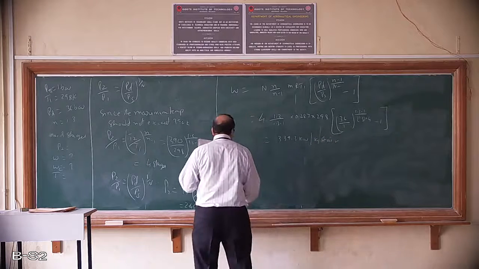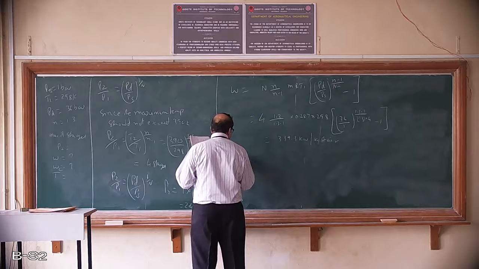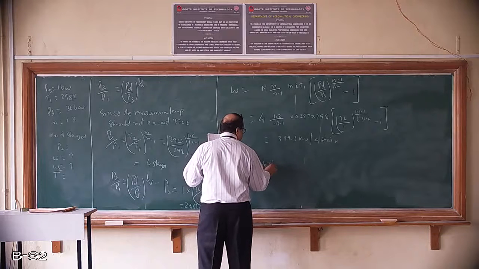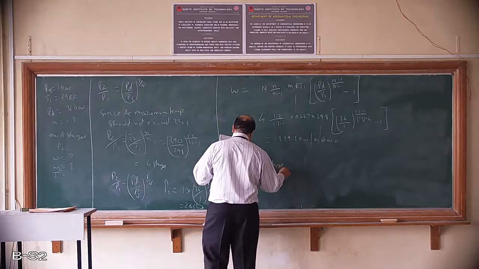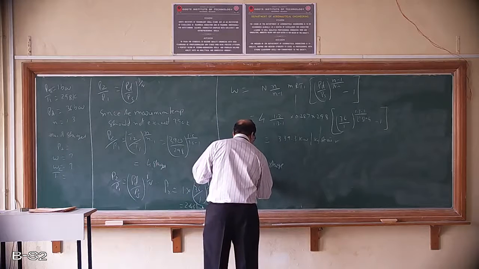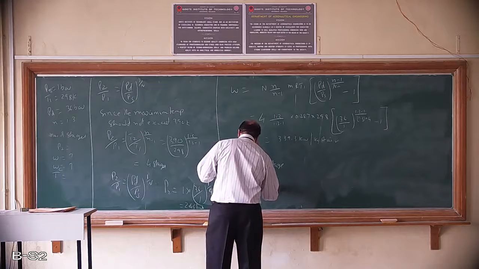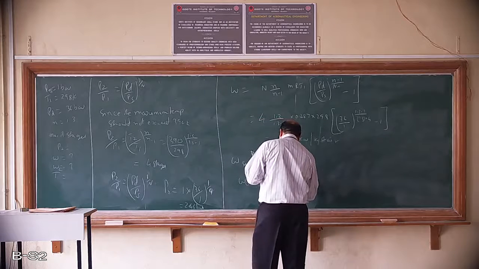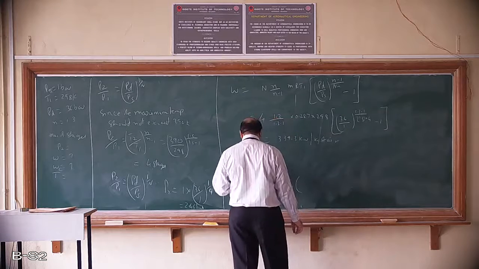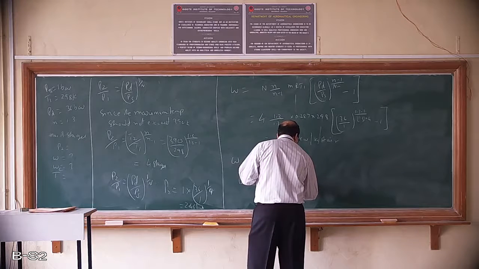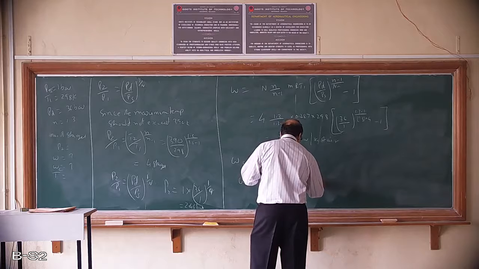If it is a single stage compression, work done for single stage, that is WC is equal to N by N minus 1 MR T1. So this will be, that is PD by PS to the power of N minus 1 by N, minus 1.